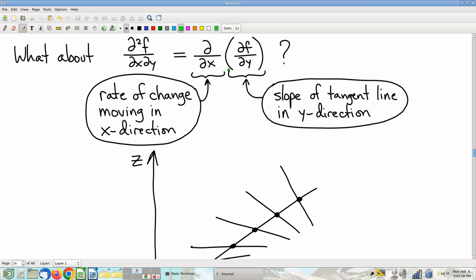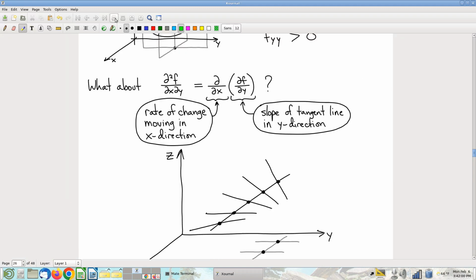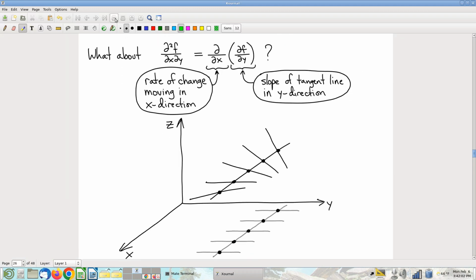It's not. So what we're going to have to do is go back to first principles and think about what these things mean as I go through the process of calculating this. What does it look like? And then make our interpretation from that. So here we go, starting with the y partials. Y partial says slope of the tangent line to the graph.